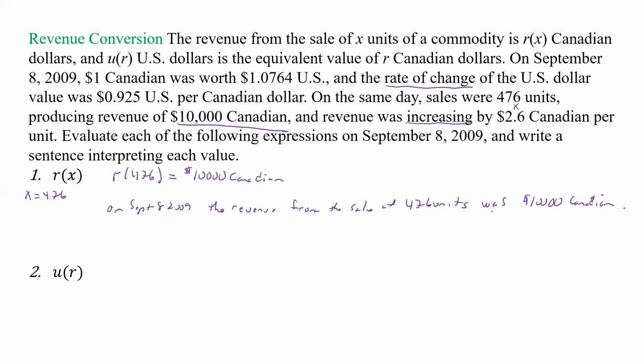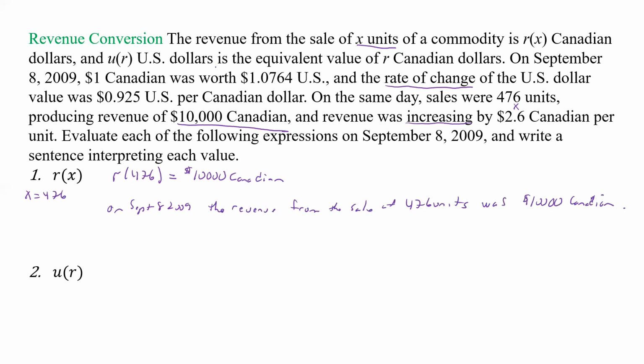That would be a good interpretation of what we have here based on what was given. We had to pull out that x units because we said we're going to sell that many, and we sold that many. So we had to plug that in for our x for the function R. And then that was the revenue, 10,000 Canadian.